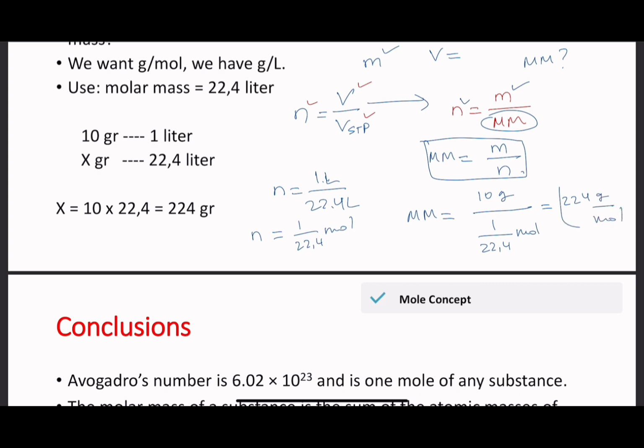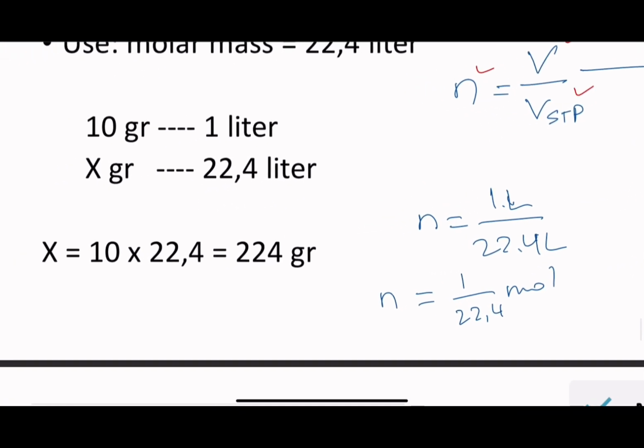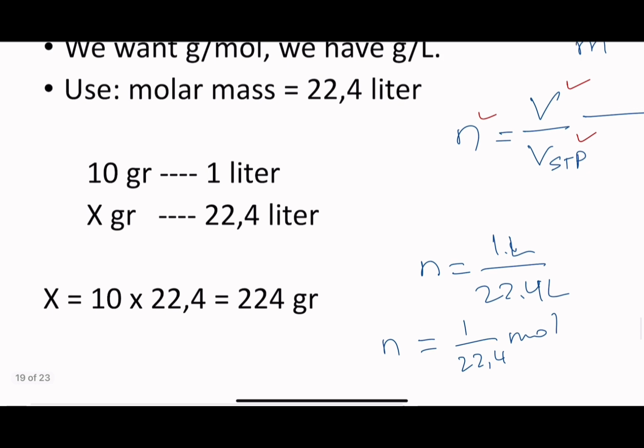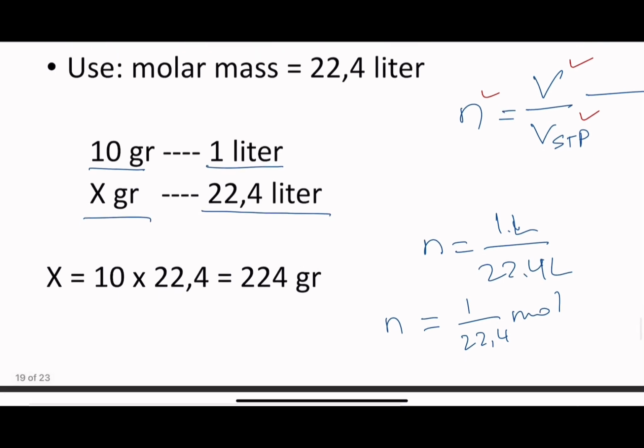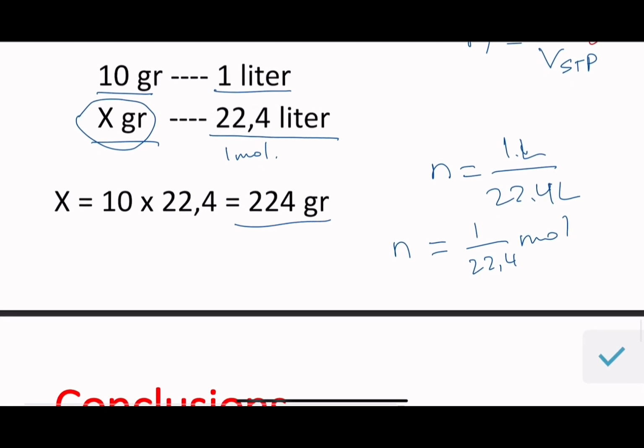So the molar mass is going to look like this. Or you can, as I said, do the proportion. You say 1 liter is 10 gram and 22.4 liter is this many gram, because 22.4 liter is 1 mole, right? So you will be able to find the molar mass of this, and it would be 224.